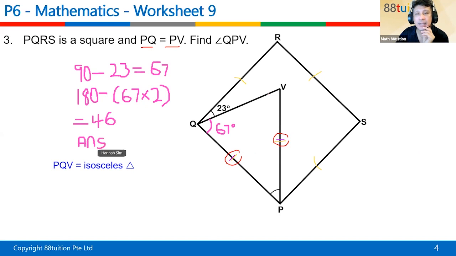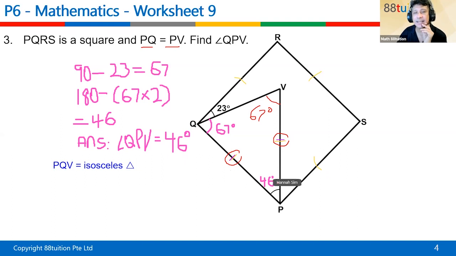The marking actually tells you that this angle here must also be 67. So that's why she takes 180 and minus the two 67s. She gets 46, which is actually what the question is asking for. Very good. Well done, Hannah. Good job.